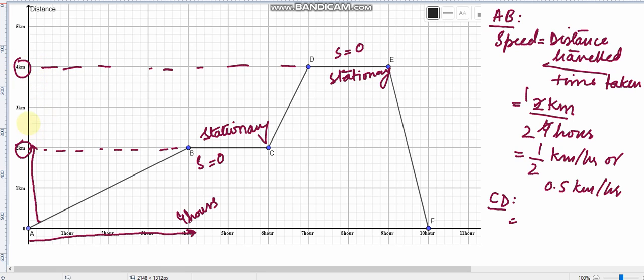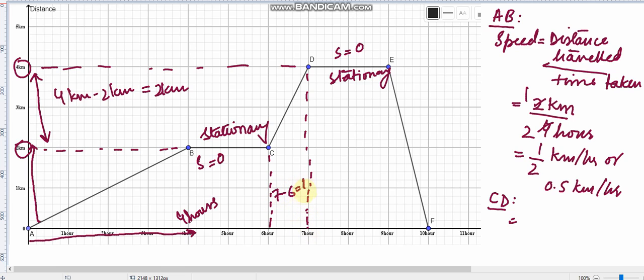So from 2 kilometers to 4 kilometers is your segment from C to D. So if you look at the distance traveled, it is 4 kilometers minus 2 kilometers. So that gives you 2 kilometers. And for the time taken, you see that your section C to D starts at 6 and ends at 7. Always drop these dotted lines to get the accurate measurements. 7 minus 6 gives you 1.